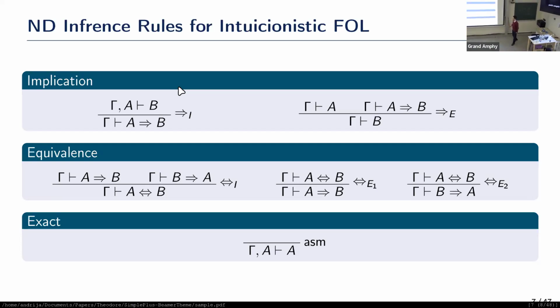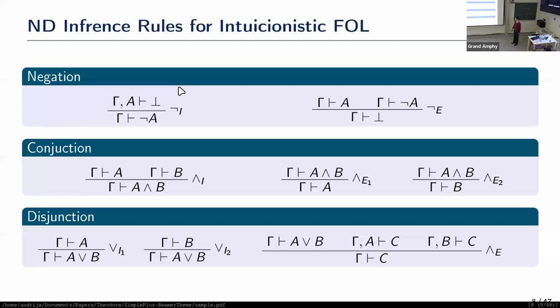You will see the details later. Then we have the rules for negation, conjunction, and disjunction. Here we also have two rules, but in the prover it is implemented as one rule. For example, we have these two introduction rules for disjunction, and we actually implement both of these rules in the proof assistant.